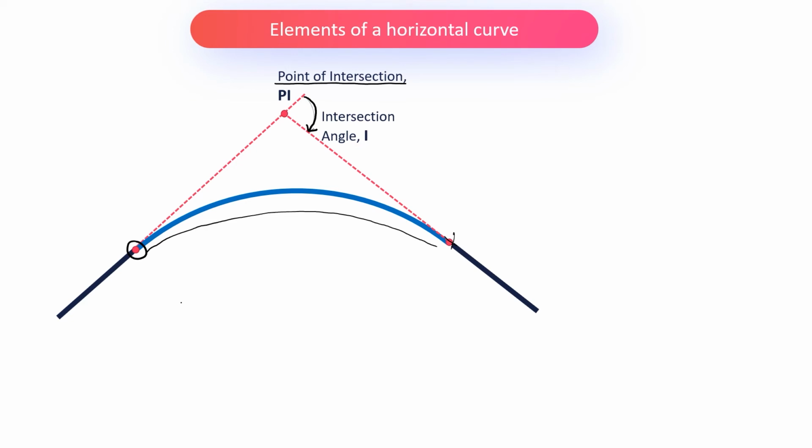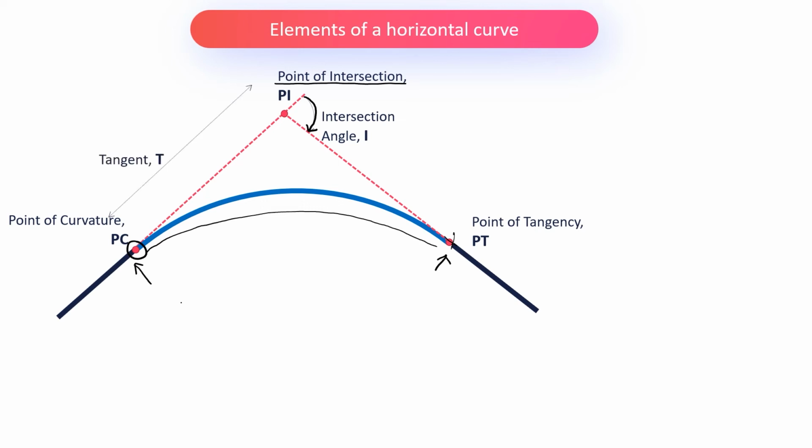So we can see that a curve starts at one point and the curve ends at another point, right? So the point where the curves start is called the point of curvature. Okay, it is a point where the curve starts. And the point where the curve ends is called the point of tangency. Okay, so PC is where the curve starts and PT is a point where the curve ends. Okay.